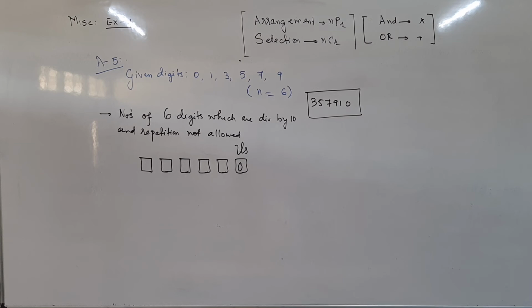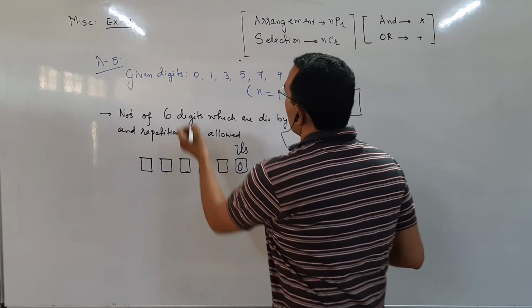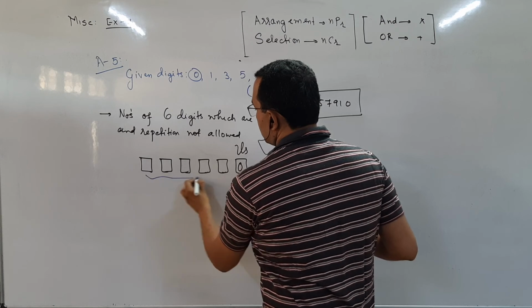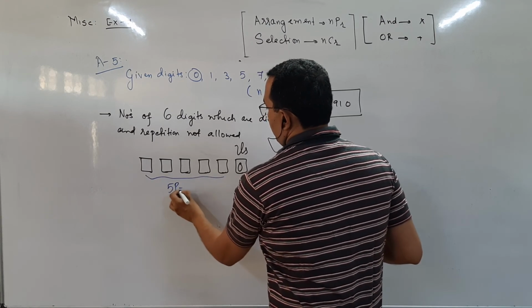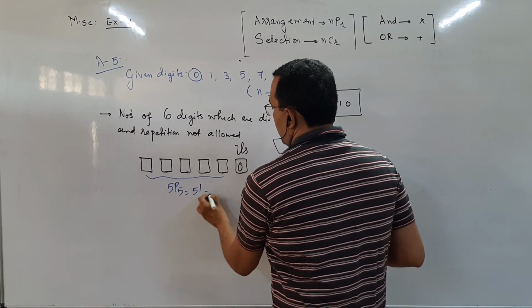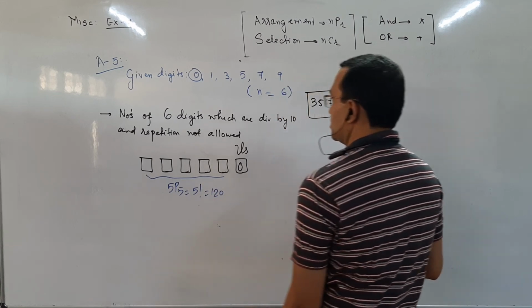So students, what is the divisibility criteria for 10? The answer is that the units place must be 0. So 0 is already occupying the units place, and the 5 digits in the remaining 5 places can be arranged in 5 factorial ways.